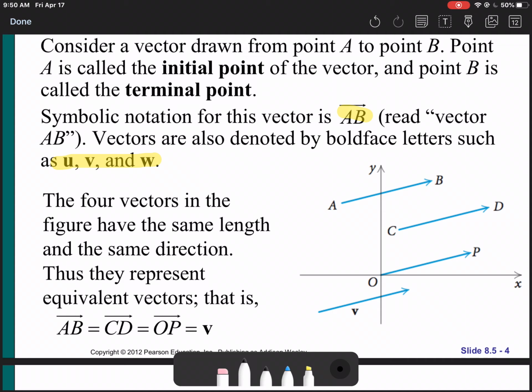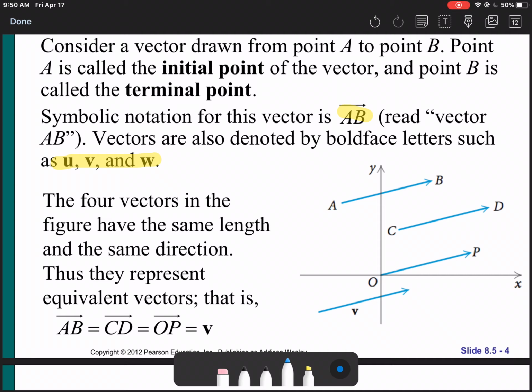Now, the 4 vectors that I have drawn in that diagram, those are all equivalent vectors. They all have the same magnitude or length, and they're all in the same direction. So that's to keep in mind. When we say direction here, we're talking about the same general direction, right? So vector AB, vector CD, vector OP, and vector V are all equivalent vectors.